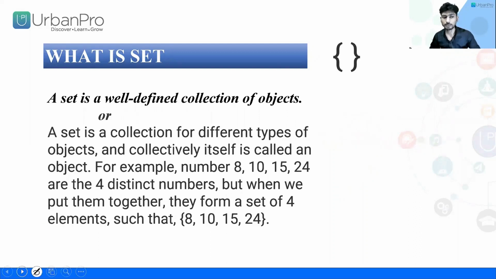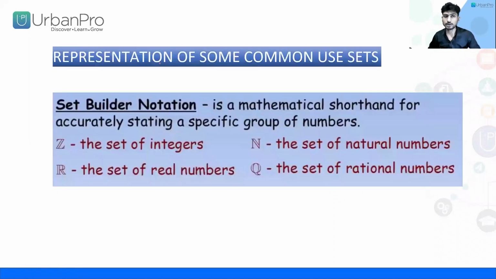Now we will come to some symbolic representation of the set. In mathematics, there are some predefined syntax for representing a set. For example, whenever you want to make a set of natural numbers, you have to use this symbol, the double-struck N. This double sign means the set of natural numbers.